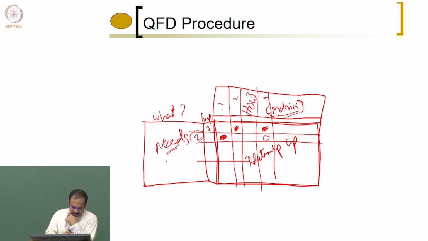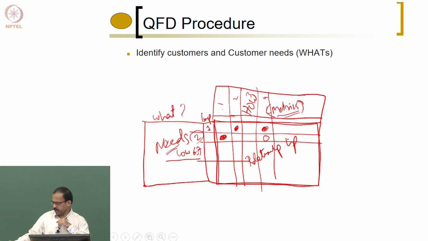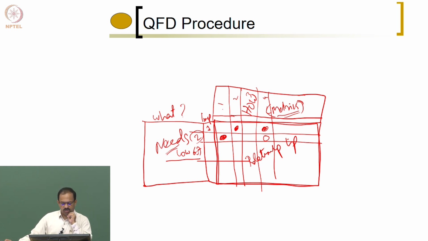For example, if the customer requirement is low cost, and we know the cost of the product is the metric, we know that we need to reduce the cost in order to get customer satisfaction. So we write the direction of change that is needed, in which direction we need to change the metric to get satisfaction.